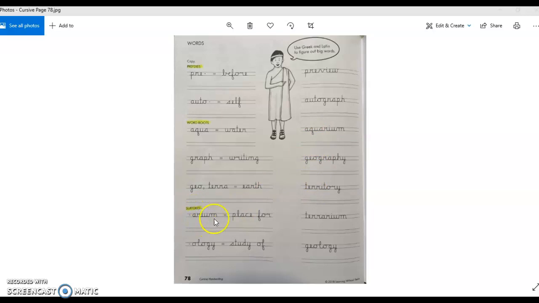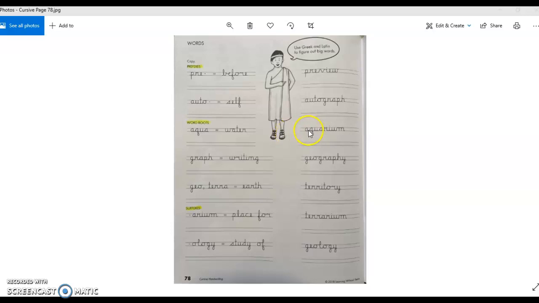You've got arium equals place for, and ology equals study of. So on the left-hand side of the paper, you're just copying what's above it. You're doing the same thing on the right-hand side too, but the idea is that you try to figure out what the words mean based on the word root, the prefixes and suffixes that are present in the word.